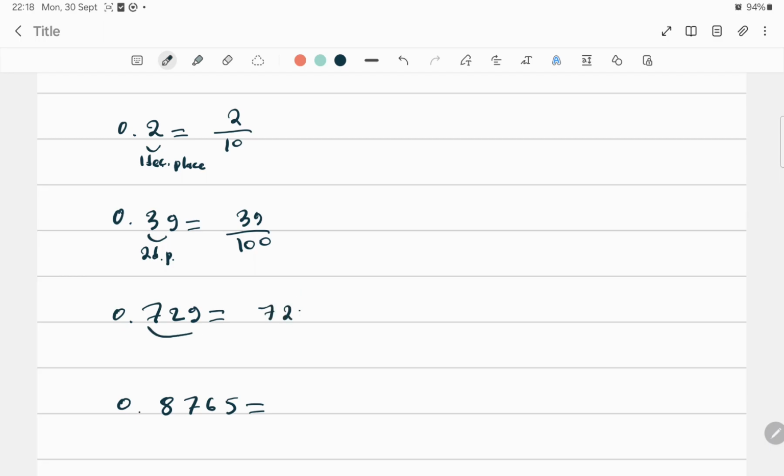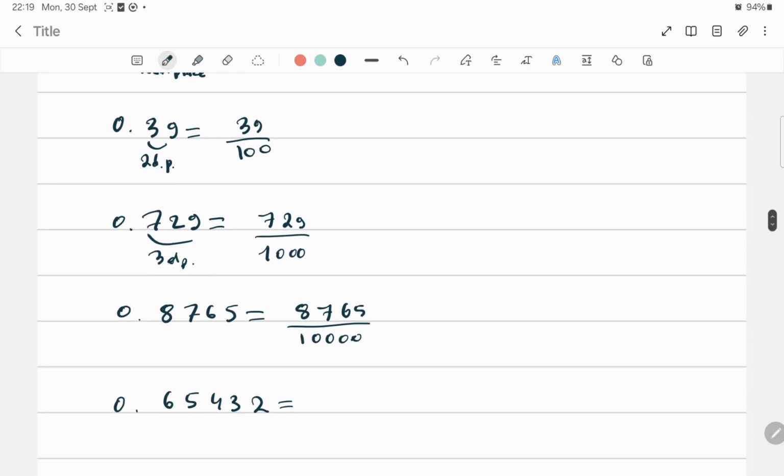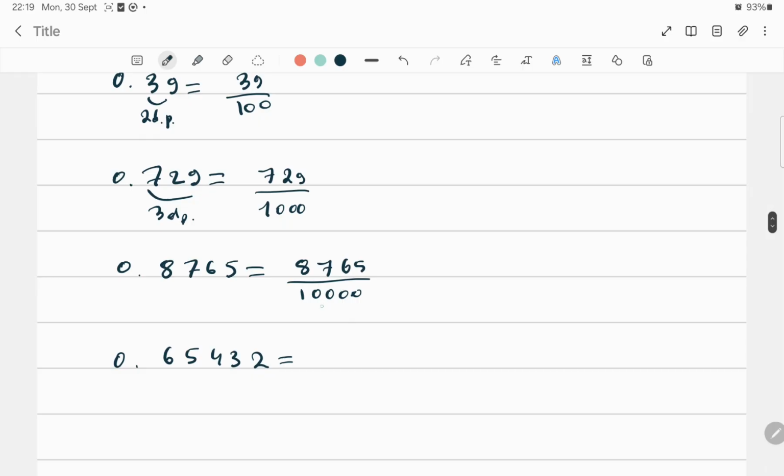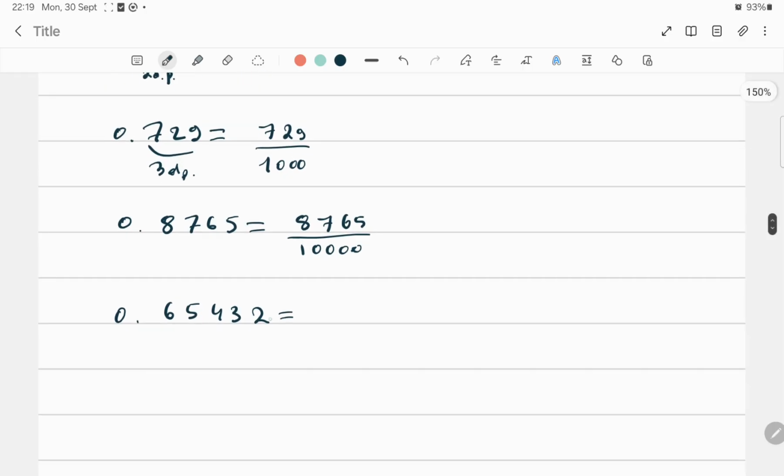This one, 729 over 3 decimal places, over 1000, so you write 3 zeros here, and here you have 4 decimal places. So you divide by this number, it has 1, 2, 3, 4 zeros, by 10,000. 1 decimal place you divide by 10, 2 decimal places by 100, 3 decimal places you write the 729 over 1000, 4 decimal places you divide by 10,000, and then you have this number here.